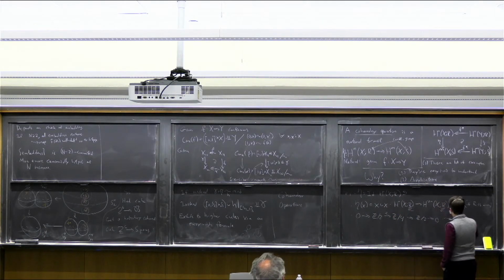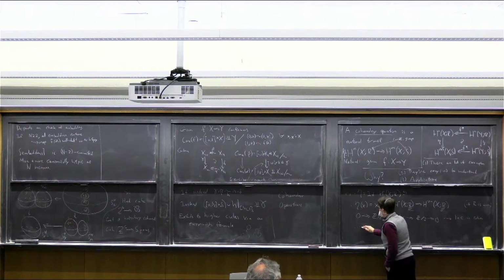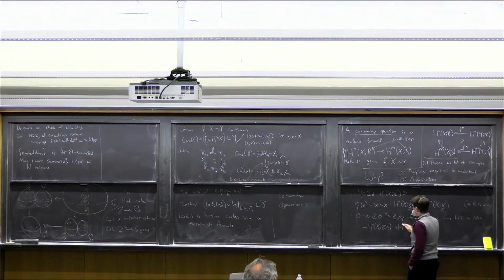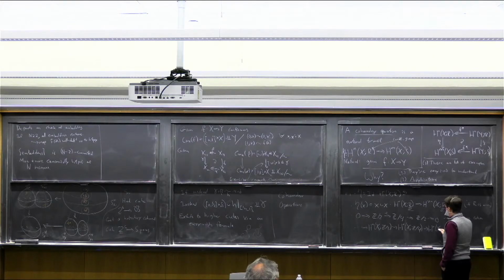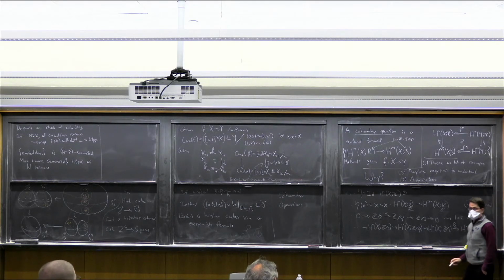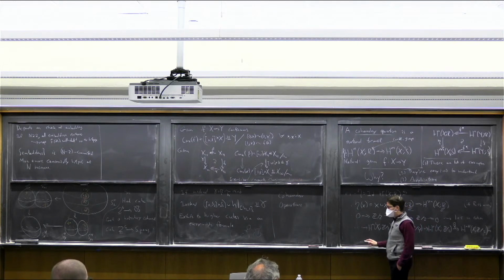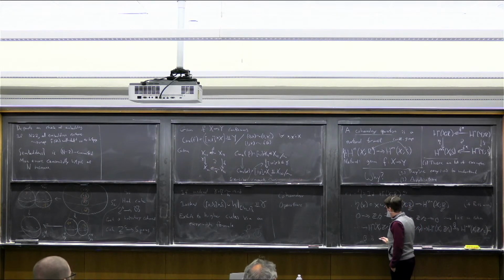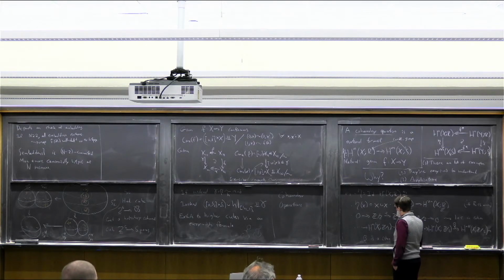This gives me, by the snake lemma, a long exact sequence in cohomology: H^n of X, Z2 to H^n of X, Z4 to H^n of X, Z2 to H^(n+1) of X, Z2, etc. And this connecting homomorphism beta is another famous cohomology operation. So beta is a cohomology operation.